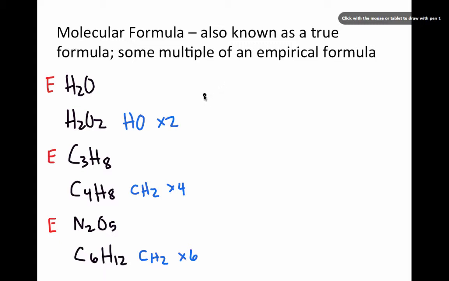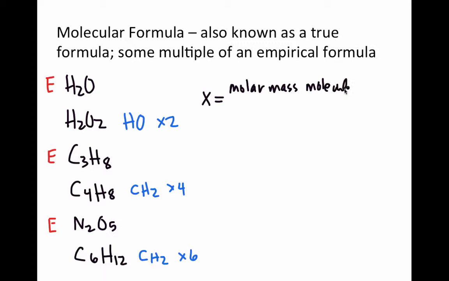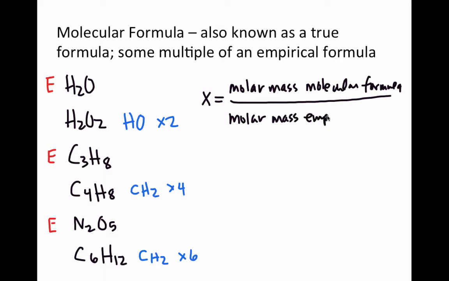What you would do, we say X equals the molar mass of the molecular formula divided by the molar mass of the empirical formula.